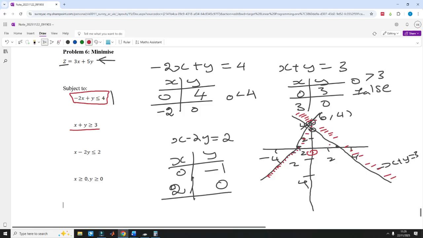So that is this point. So connect these two lines. This corresponds to x minus 2y equal to 2.